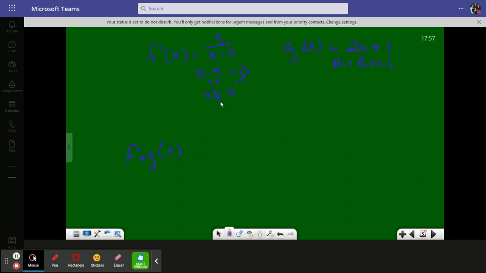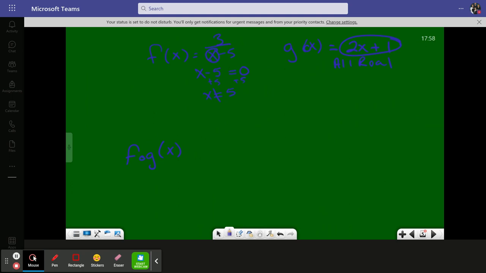All right, so here's the thing. Even though this is all real, if I'm doing f of g, then this here, this 2x plus 1, has to go in where that is, right? So if 2x plus 1 is going in for this x, what number cannot be right here? 5.